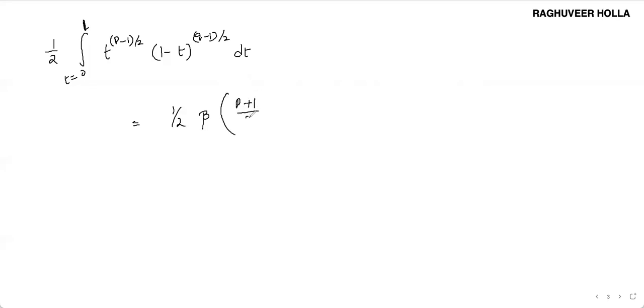So this is the integral from 0 to 1 of 1 by 2 t power (p minus 1) by 2, (1 minus t) power (q minus 1) by 2 dt, which is equal to 1 by 2 beta of (p plus 1) by 2, (q plus 1) by 2.